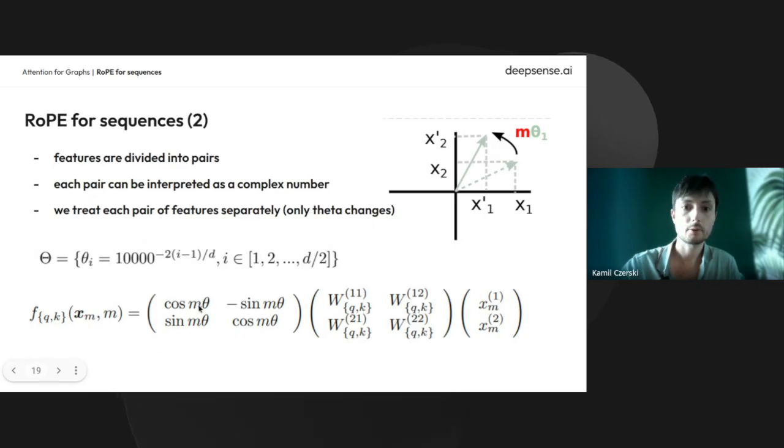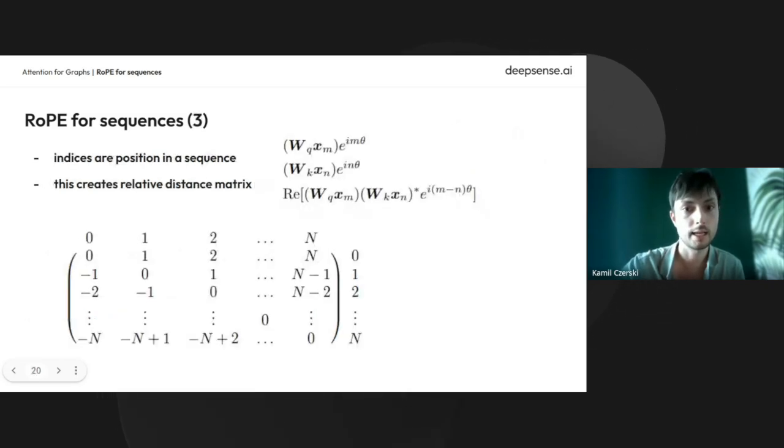And m is actually the relative distance, because for sequences, for models like Llama 3, for LLMs, you would like to know the relative position distance between tokens. So this m is this relative position. I will show in more detail in a second what this m actually is. You can skip the Ws, it's not important, they are already baked into the features. So this x1, x2, and cosine, minus sine matters. And it's actually a rotation matrix. If you are maybe from robotics, you probably recognize it as a rotation matrix.